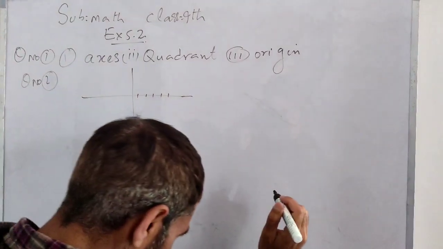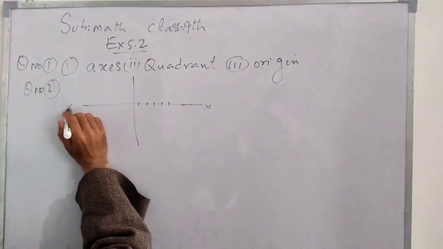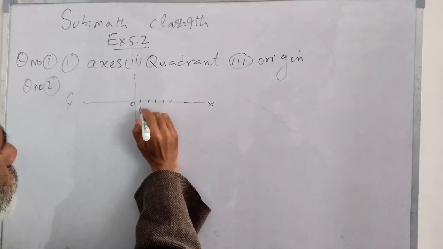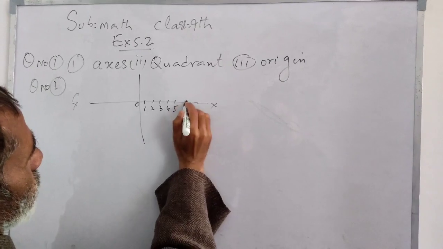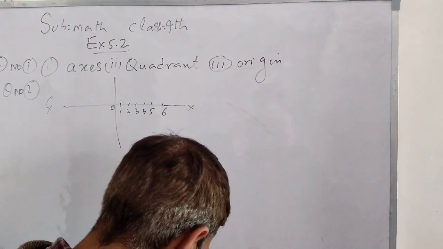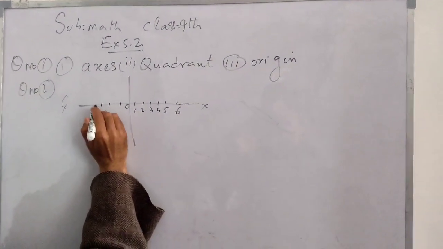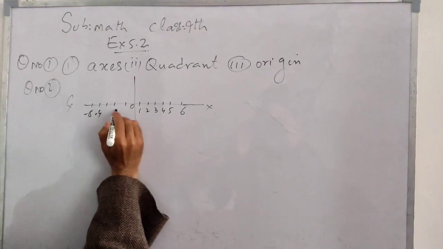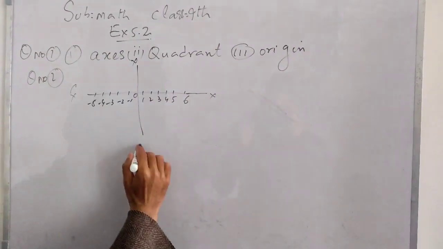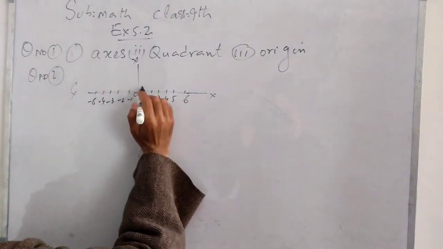Units are marked on x-axis and on y-axis. 6 units on positive x-axis and 5 units on negative x-axis. And similarly on y-axis positive and y-axis negative, distances are maintained.